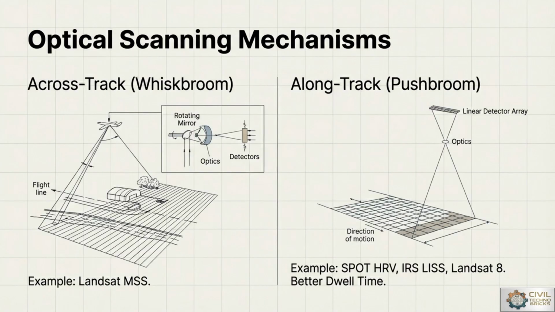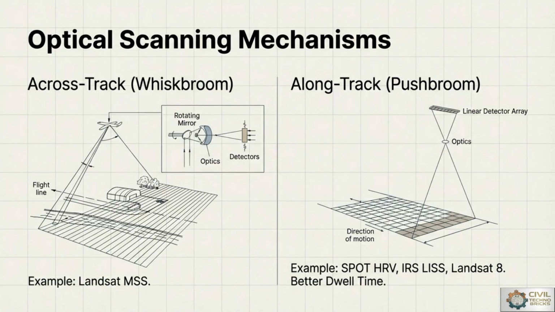Next one will be the optical scanning mechanism. Here there are two types: across track and along track. Across track means whisk broom and along track means push broom. For example, Landsat MSS is across track, whereas SPOT HRV, IRS LISS and many more are along track.